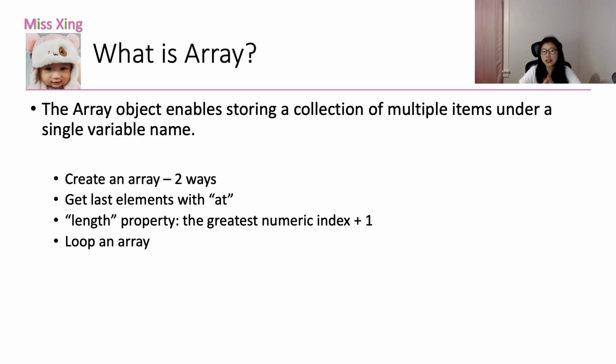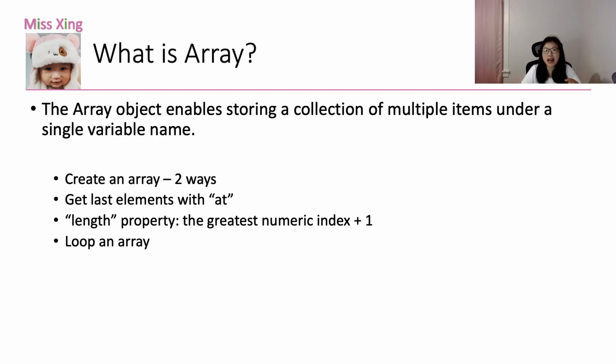And as we know, I introduced the object before. Object can also store a collection of multiple items under a single variable, as we listed here. Because we can have a student object with a first name, last name, and age, which is a collection of multiple items. Array can do the same as object: the array object enables storing a collection of multiple items under a single variable name.